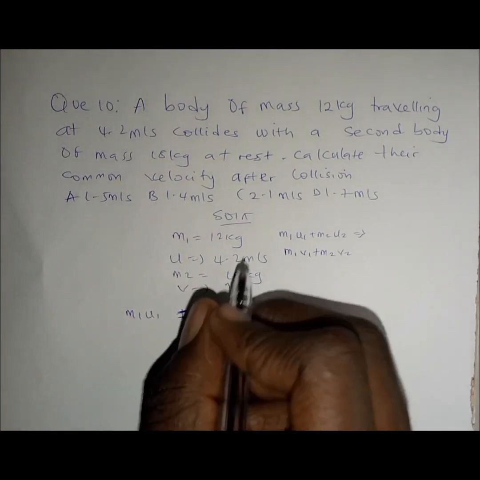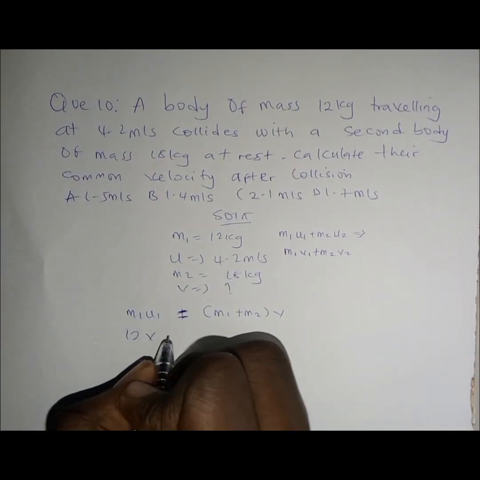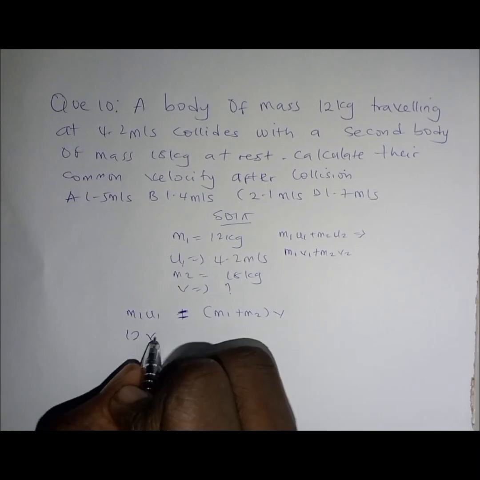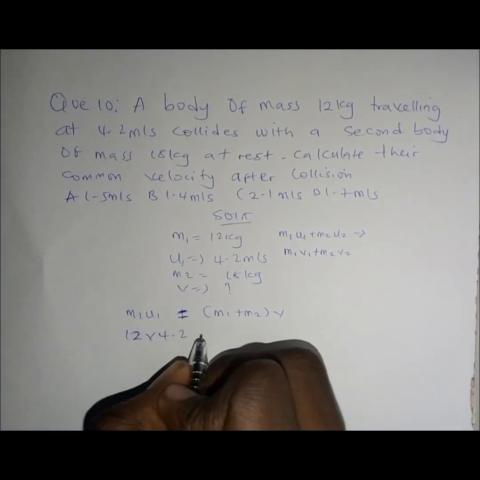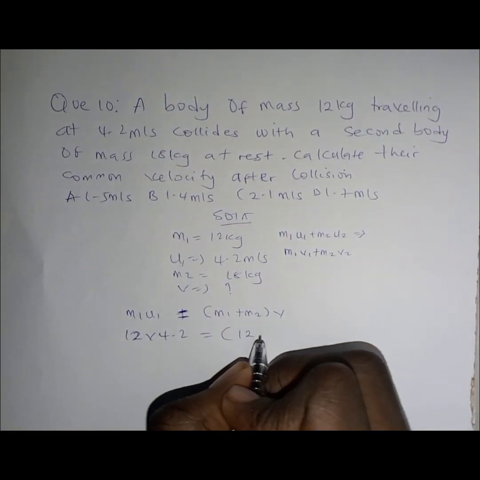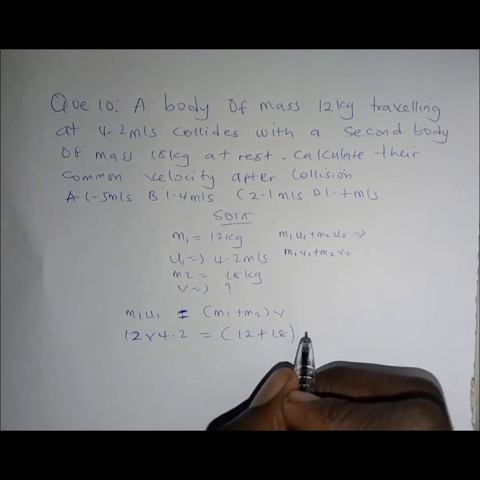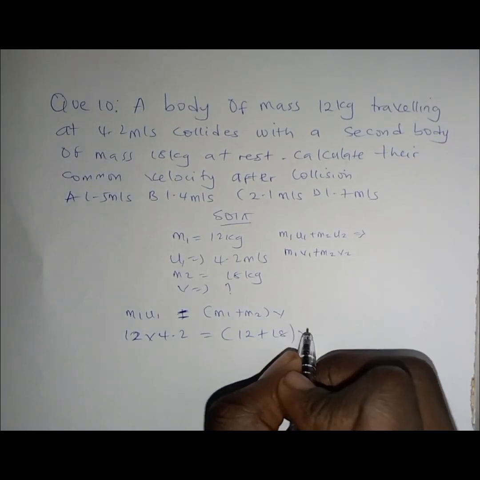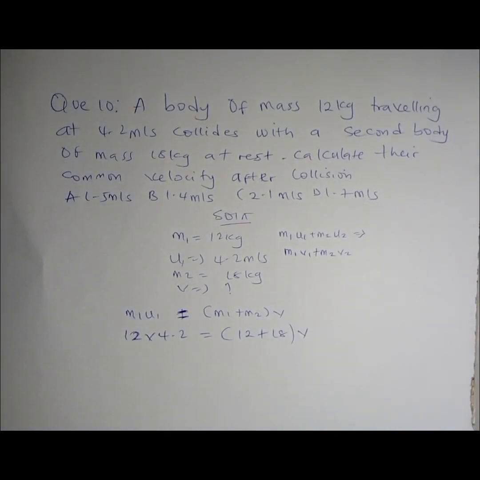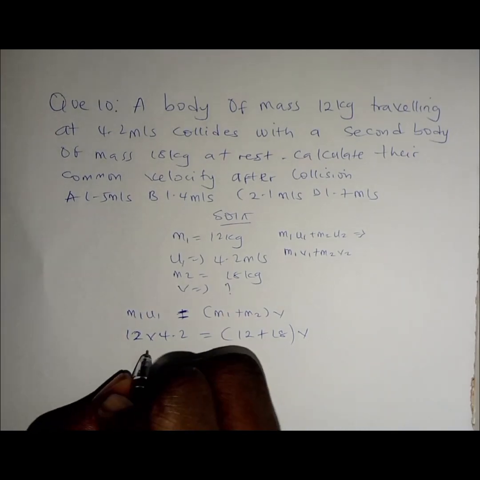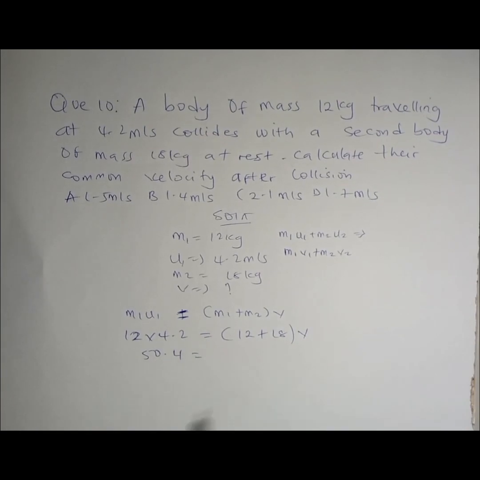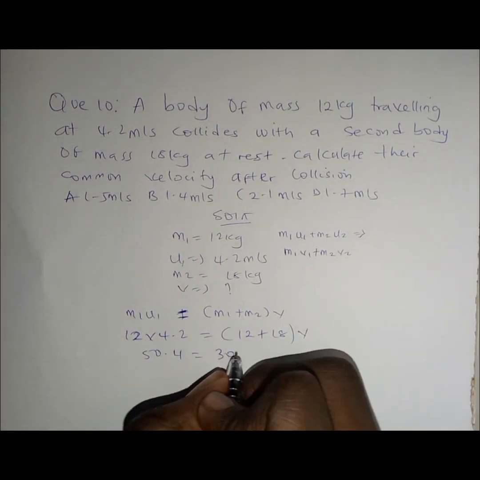So therefore my first mass is 12 times the first velocity, which is u1, 4.2, equals 12 plus 18, which is m1 plus m2, times v, since we're asked to look for the common velocity. So 12 times 4.2 is 50.4 equals 12 plus 18, which is 30, so we have 30v here.